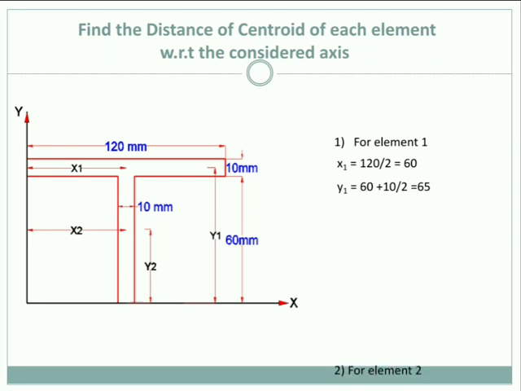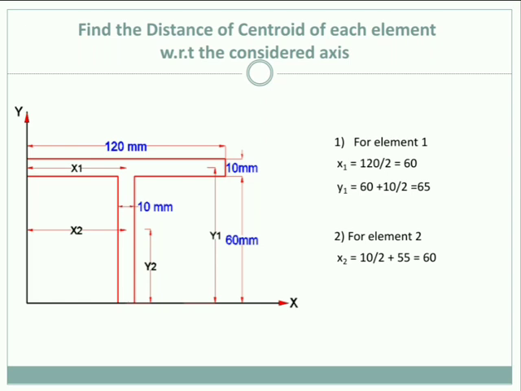Now similarly for element number 2, what will be the distance x2? x2 again will be 10 by 2. Once we get 10 by 2, move towards which axis? Vertical axis. Okay, 10 by 2 plus the remaining distance, which has to be 55, because the total width is 120.